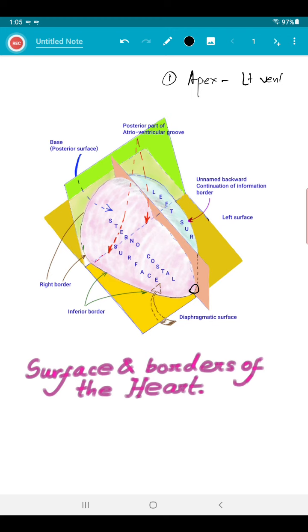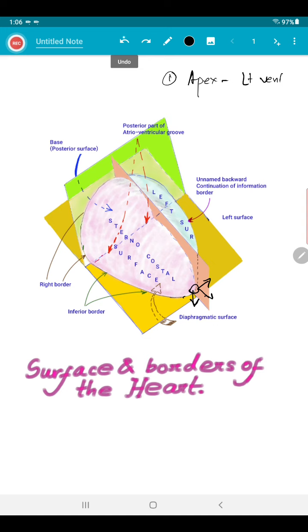It is directed downwards, forwards, and to the left. All three you will have to say.